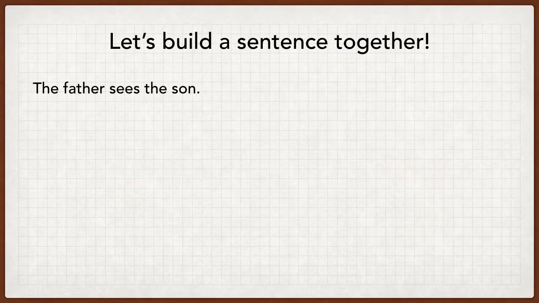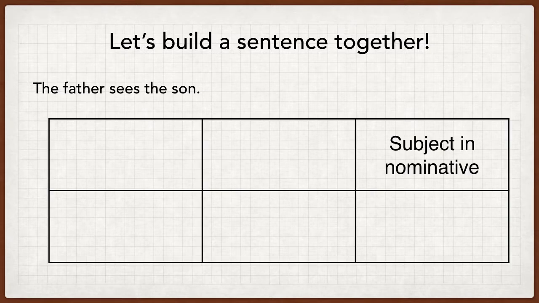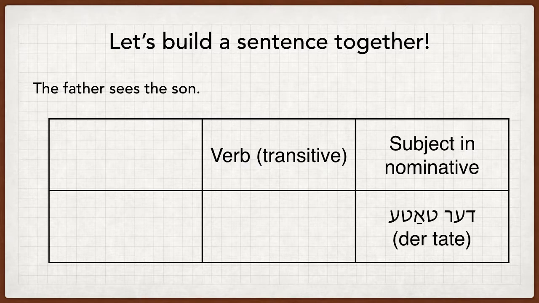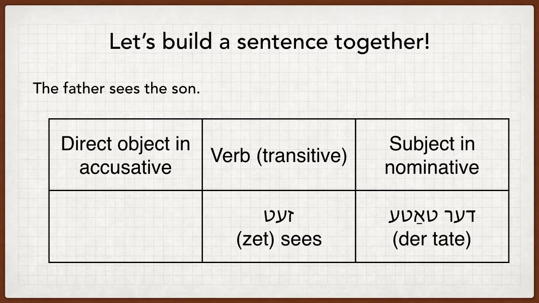Okay, let's build a sentence together. The father sees the son. On the first place, we will have our subject in nominative, which is der Tate. Then we have the verb, which is a transitive verb, to see, zet. And since this verb is transitive, the next verb is the direct object, which is in accusative because it is the direct object.